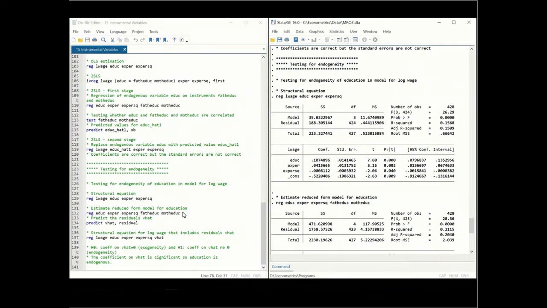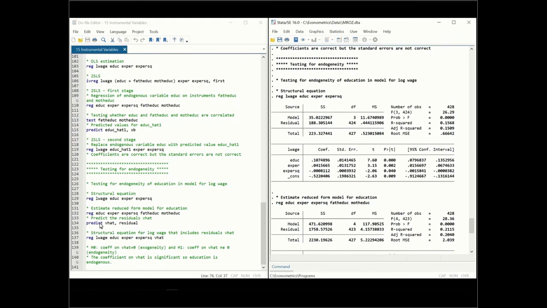So this is the same as the first stage of the two-stage least squares. Here we have regression of education on experience, experience squared, father's education, and mother's education. So if you notice, actually, this is exactly the same as the first stage for the two-stage least squares. Exactly the same, except instead of getting the predicted values from here, you see how this is comma xb and that's education hat for the predicted values.